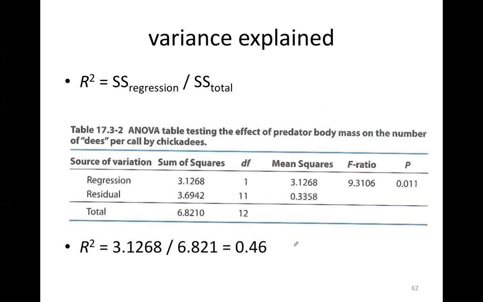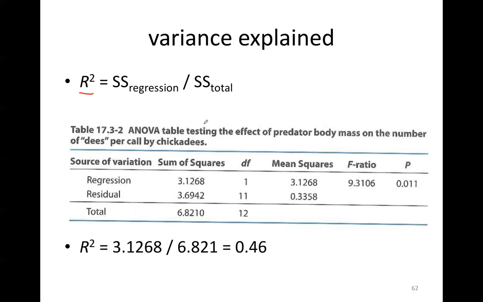We can also calculate a statistic that we had learned about earlier in ANOVA, R squared. R squared, as you remember, is the amount of variance we explain with our model. In regression, our model is the regression model. In ANOVA, our model is the grouping, right? So model basically means some explanation of the data.